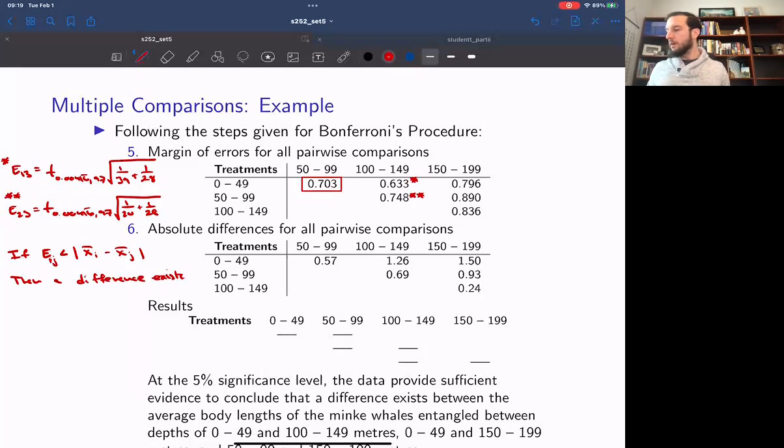So the last thing we need to do here is basically just compare the absolute differences between the means to the margin of error. And if that absolute difference is bigger than the margin of error, we can say that there's a difference between the means of interest. Right?